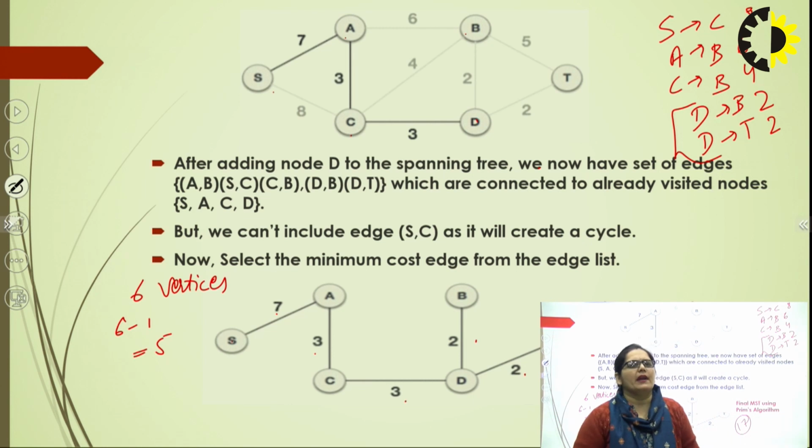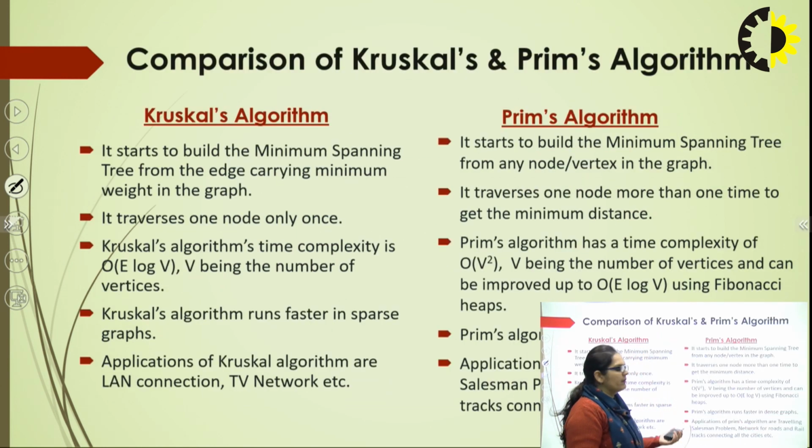So we can calculate or find a minimum cost spanning tree by using these 2 algorithms in a very short time. So this is a comparison of Kruskal's and Prim's algorithms. Kruskal's algorithm starts building the minimum spanning tree from the edge carrying the minimum weight in the graph.